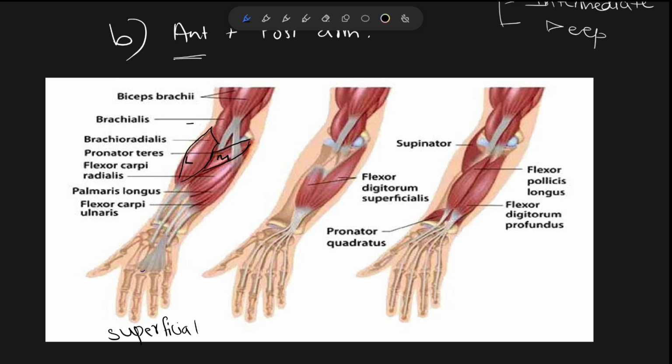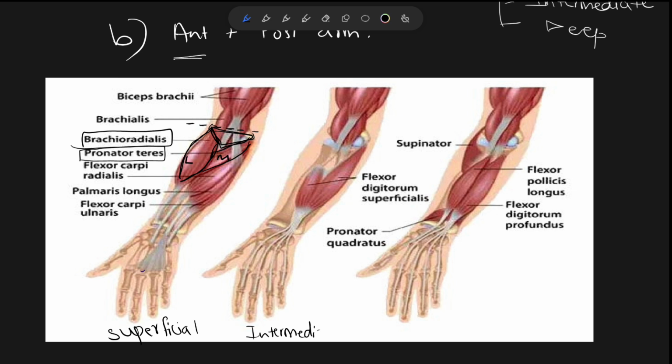If I make one imaginary line from the medial epicondyle to the lateral epicondyle, we can see one fossa over here. This is the cubital fossa. So lateral to the cubital fossa, which boundary is there? Yes, it is brachioradialis. And to the medial, which muscle is present? Yes, pronator teres muscle. And the base is the imaginary line from the medial and lateral epicondyle. Is that clear? Now let's come to our intermediate layer.